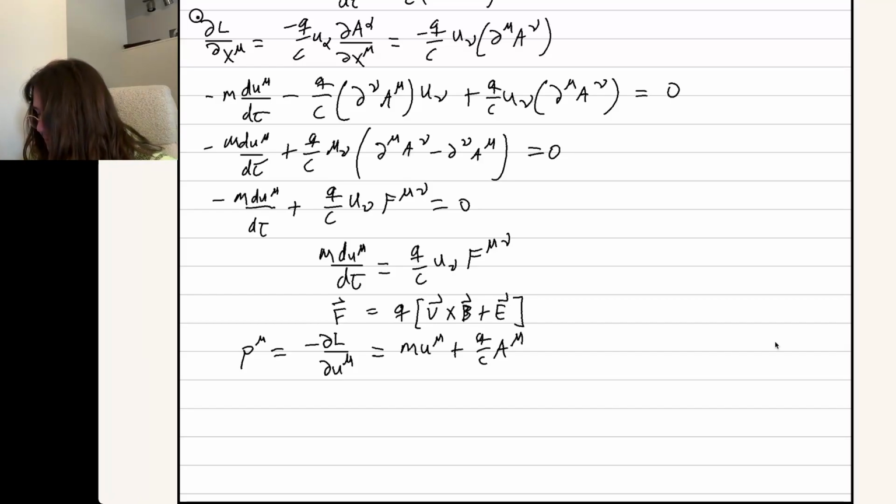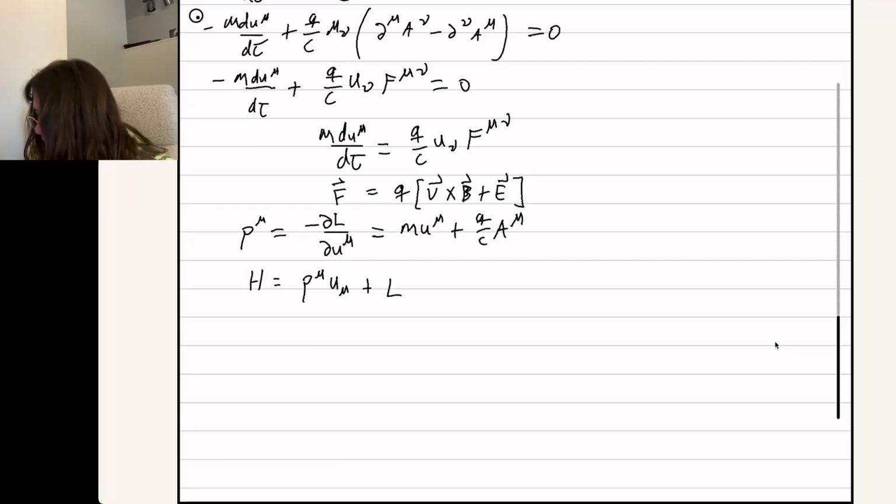So that's the world momentum, and the covariant form of the Hamiltonian goes like p_μ u^μ plus L. So all in all, we're going to have m u_μ u^μ plus q over c A_μ u^μ.